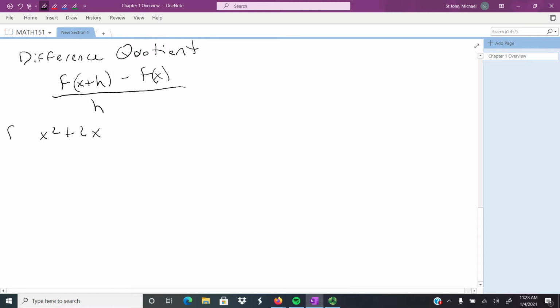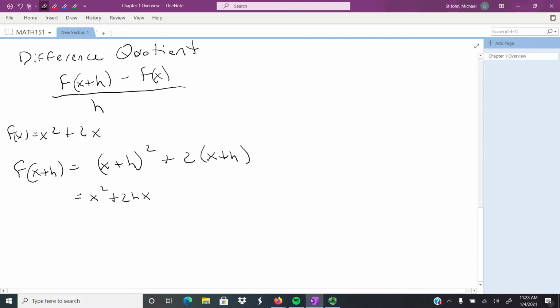So f of x is going to be given by this. And so we need to know what is f of x plus h. So this will be (x plus h) squared plus 2 times (x plus h). So this will be x squared plus 2hx plus h squared plus 2x plus 2h.